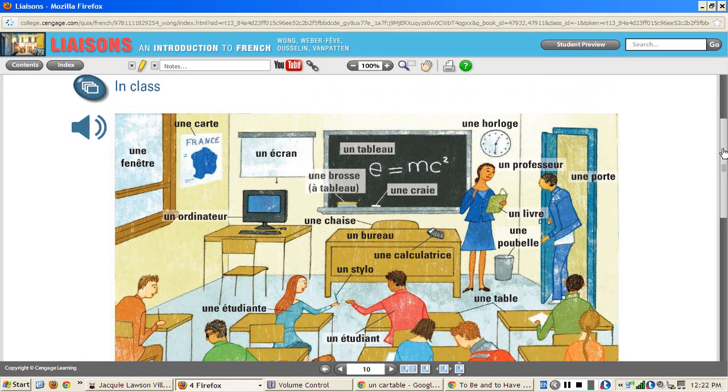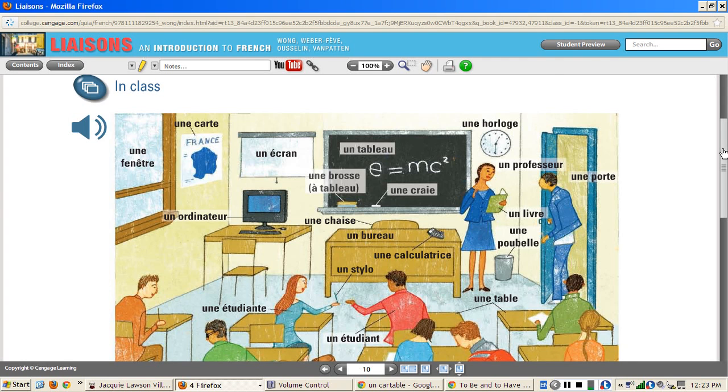As we move along in this chapter, I will be giving you a PowerPoint that shows you some patterns. Patterns meaning, in general, words that end with an E, or words that end with a sound like ris will be feminine. So there's a certain continuity in what sounds are feminine.